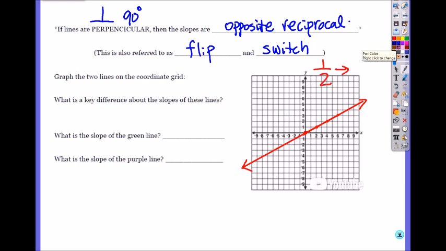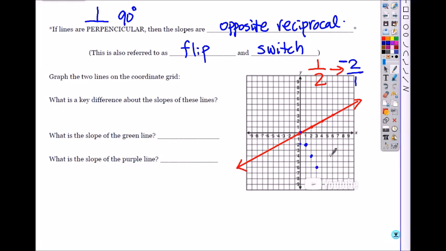Flip means you switch top and bottom, so it's 2 over 1, which is 2. If it's positive now, it will be negative. So what's the new slope? Negative 2, which is down 2 over 1, right? So let's start at the same point. This time it doesn't matter where you start. You can have the same y-intercept. So down 2 over 1, down 2 over 1, down 2 over 1.